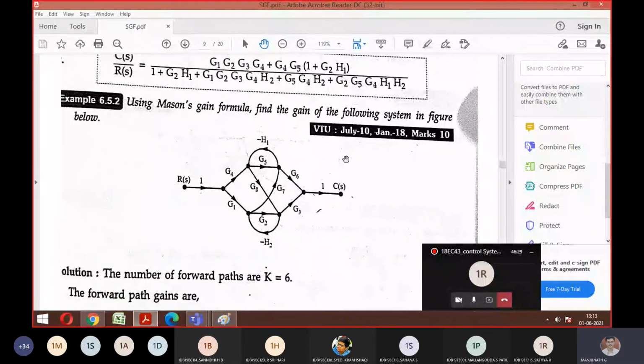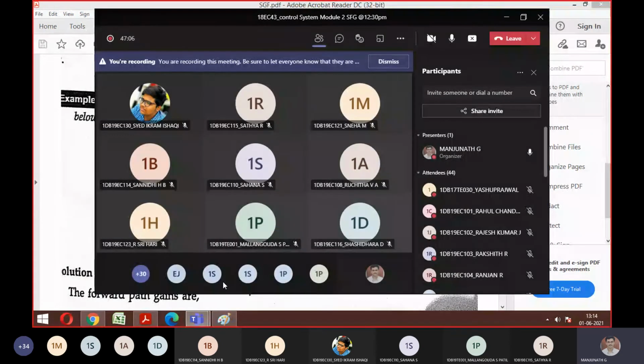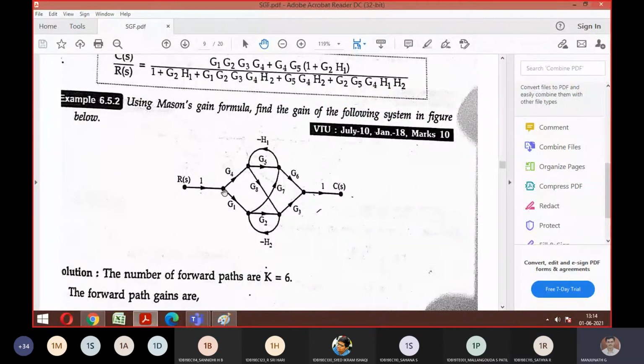I want to find delta 3, so check the forward paths. Delta 3 is G1, G7, G6. Now trace it.